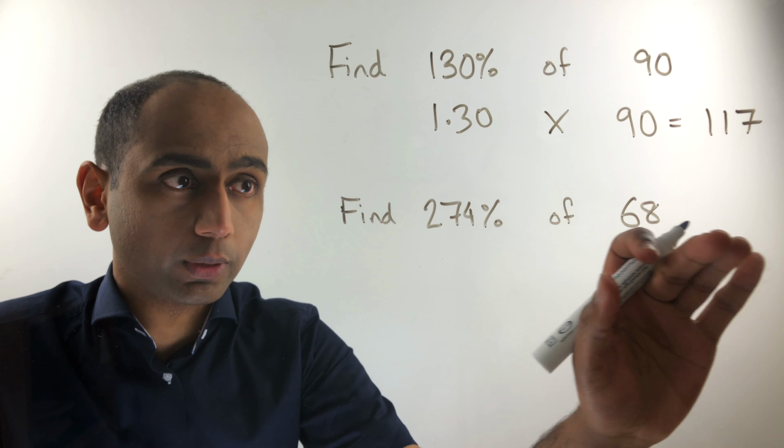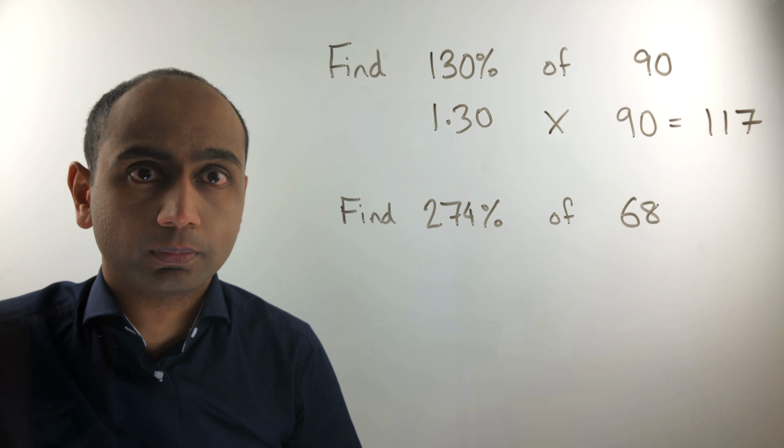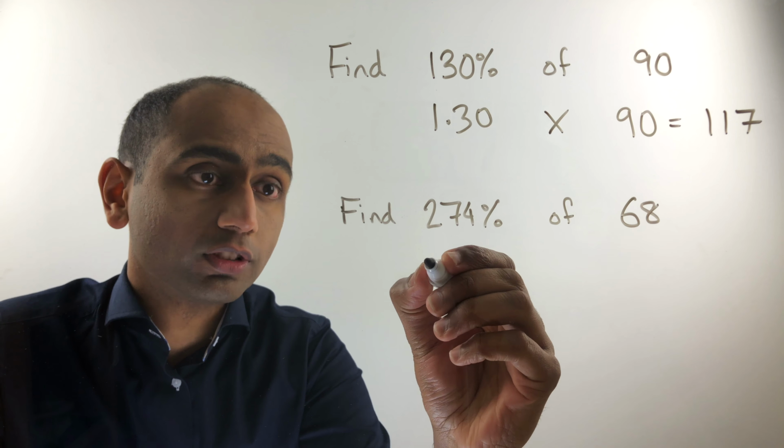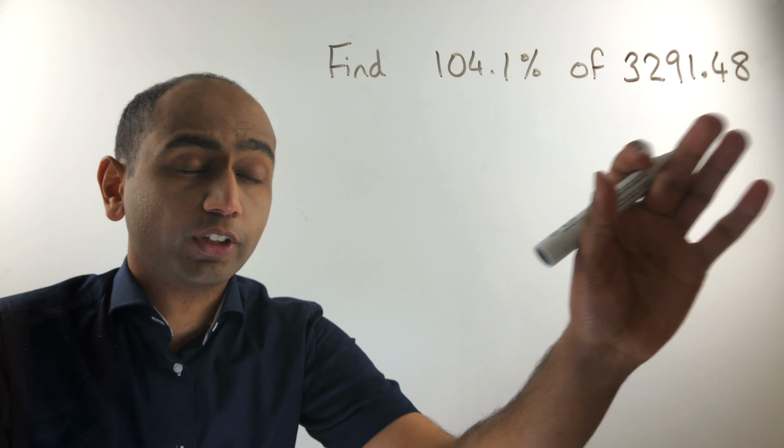Pause the video and have a go at this example for yourself. Here's the answer. 274% is the same as 2.74, and we multiply that by 68, and we get an answer of 186.32.